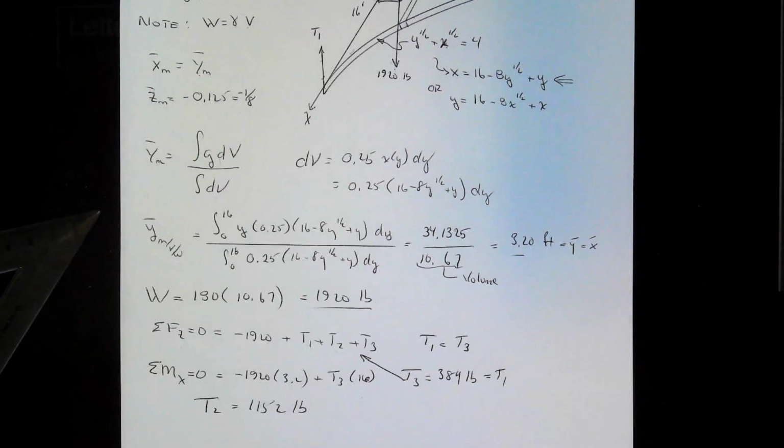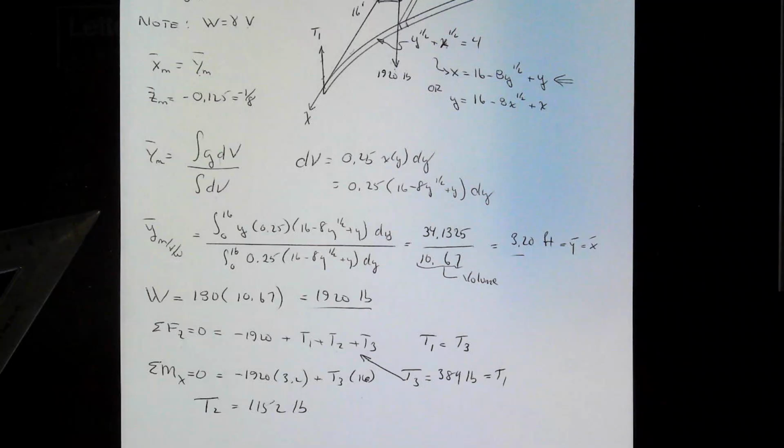So we'll note that T1 equals T3. Must be the case. All right. So even if I do that, I have one equation with two unknowns. Can't solve it. All right. So we need to come up with another equation.